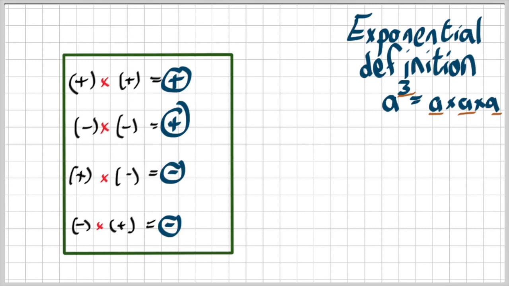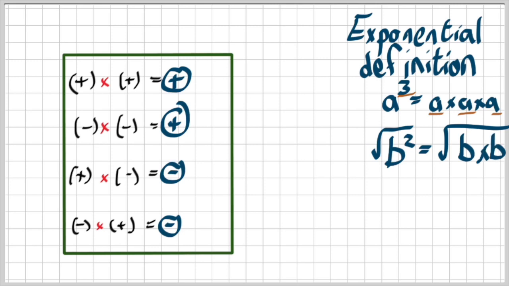Looking at surds, if I've got the root of b squared, the question is, what number times by itself gives me b squared? And that answer, of course, is b. So let me just use an example.